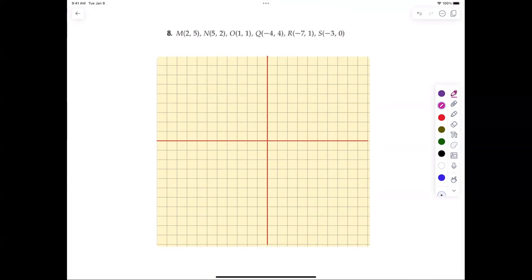Now, I would like everyone to plot these triangles, MNO and QRS. Okay, there's one right up there.